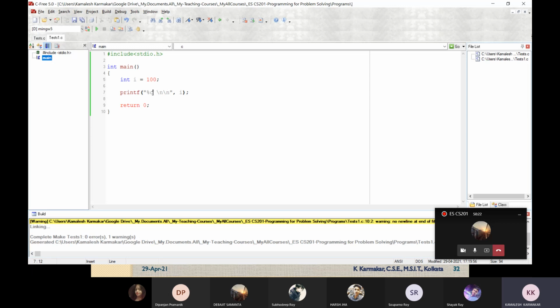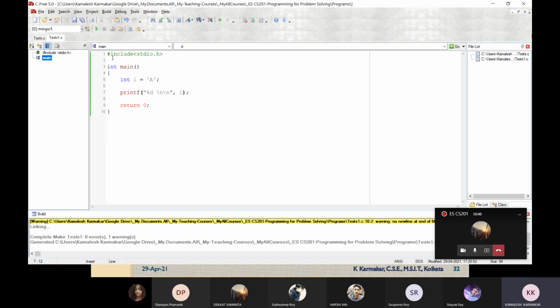Okay. Sir, if I use i equals 'A' and print it using %d, then what happens? i equals 'A', you can write 'A' in single quotes. It's not %c, sir, it's %d. Okay.